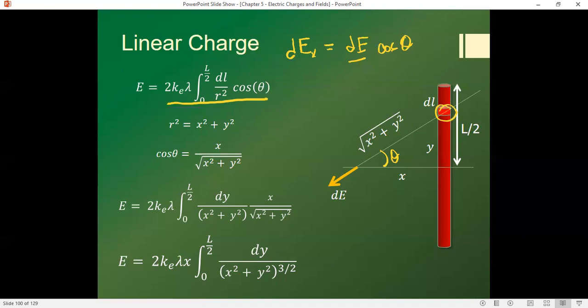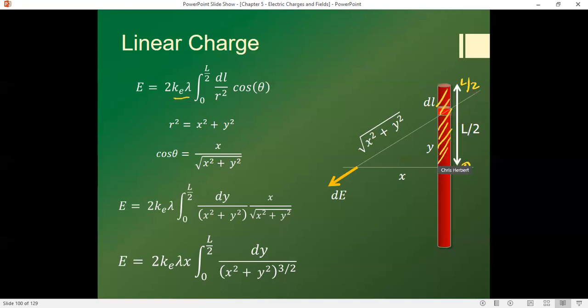Again, we'll see that it has some common aspects of what we saw earlier. We have k and lambda. k is the electrostatic constant, lambda is the charge per unit length. I'm only going from 0 to L over 2, because I'm going to assume the electric field due to this part by symmetry should be equal to the electric field due to this bottom part right here. So that's why I'm going to put a little 2 out in front, saying that instead of integrating from negative L over 2 to L over 2, I can just take half the length and multiply by 2.